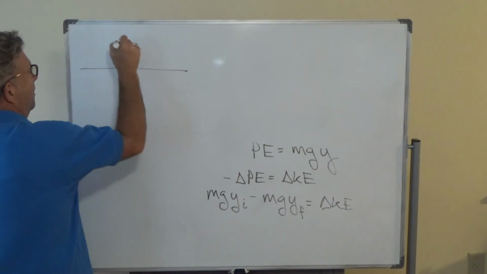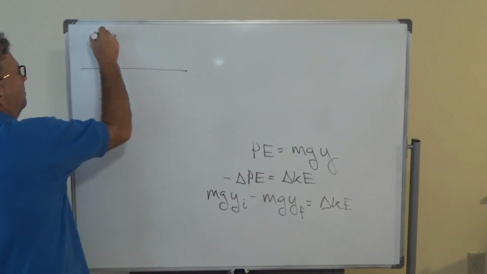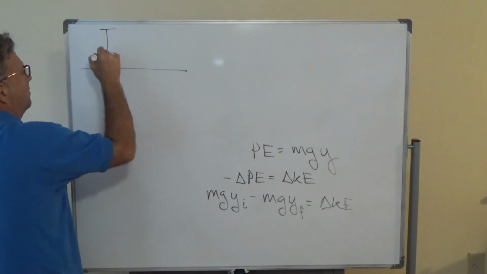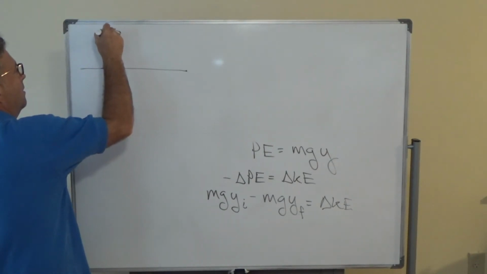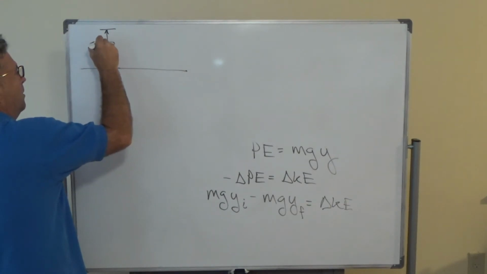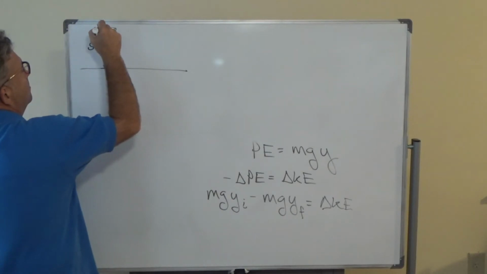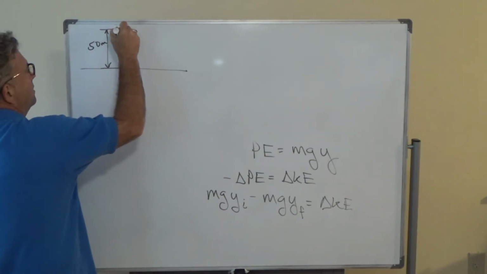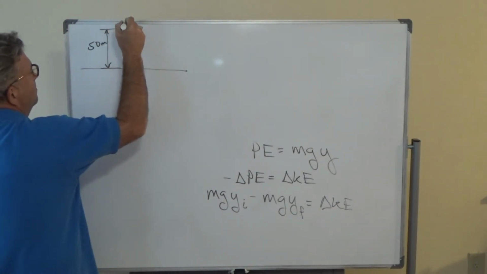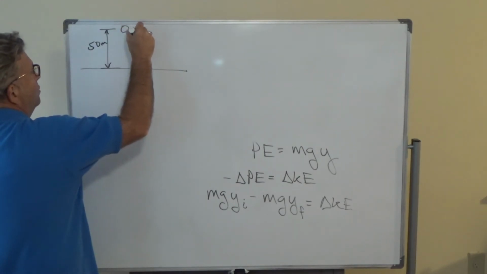Back to the building. Well, we don't even need a building. Let's say that we're up here at 50 meters. So here's an object that, let's give it a reasonable mass, 2 kilograms.